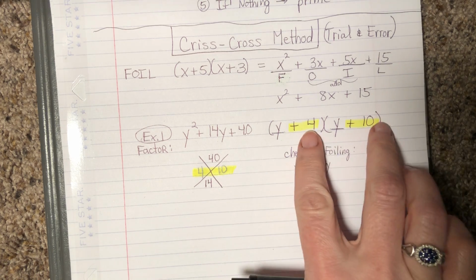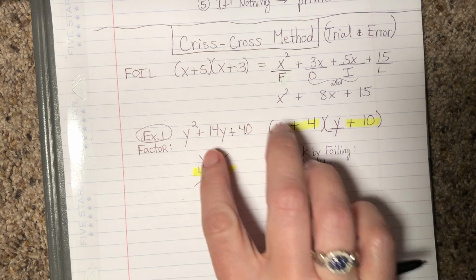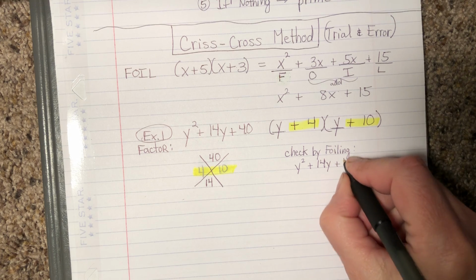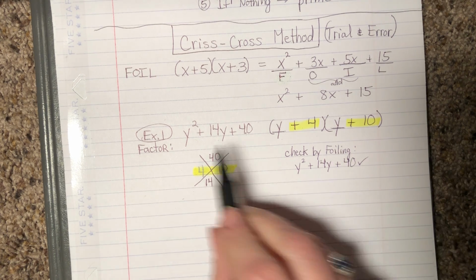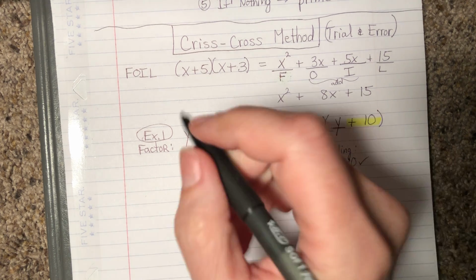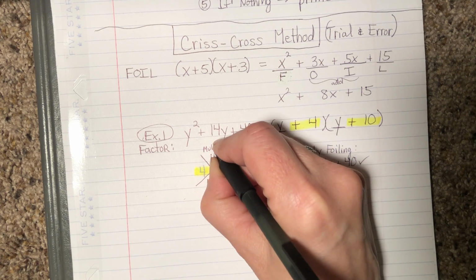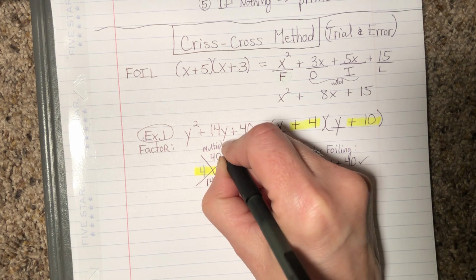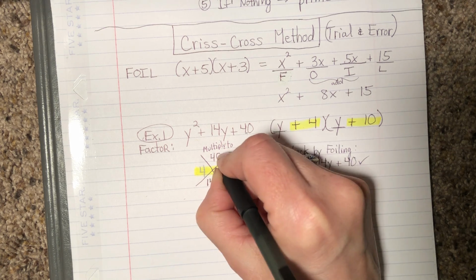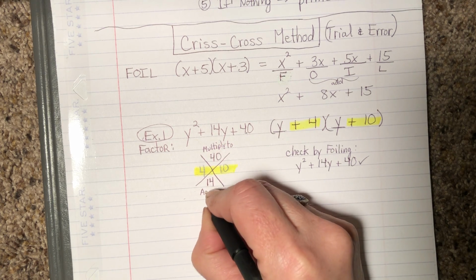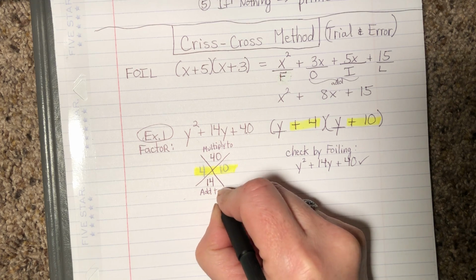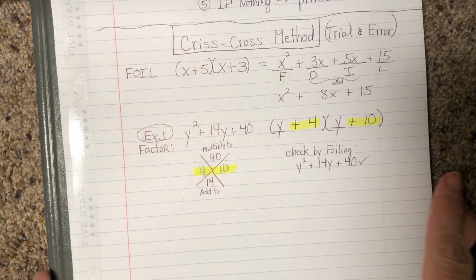There it is. And the last, these two have to multiply to 40, plus 40. So I get back what I started with. All right, so the idea is these yellow numbers multiply to the top one and add to the bottom one.